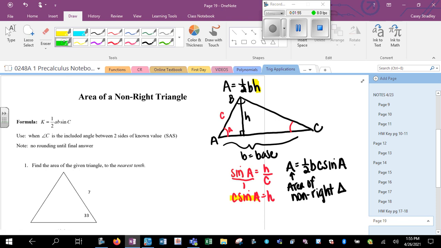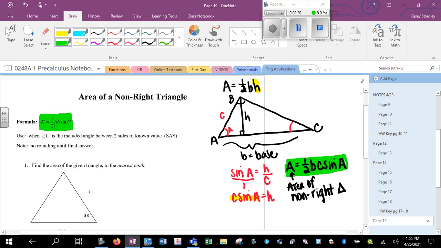You can see that the way that I came up with the formula from my picture is very similar to the formula that's written over here at the top of the page. The difference is it's K equals. K because we don't want to mess with a capital A for area and also a capital A for an angle in our picture. So they developed it by saying K equals.